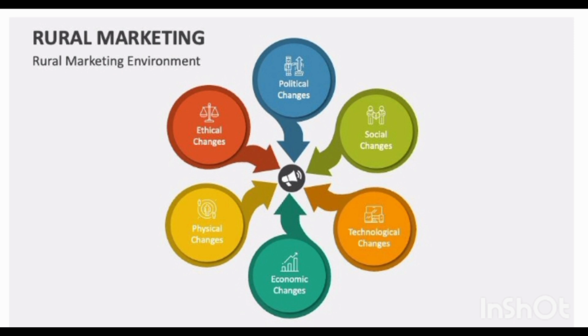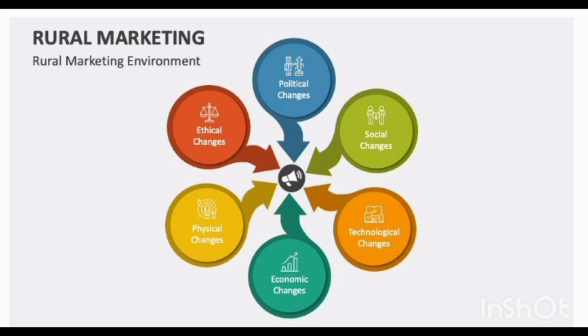Ethical changes. Ethical considerations are becoming more prominent. Consumers are increasingly aware of fair trade, sustainable practices, and corporate social responsibility. Businesses that embrace these build trust and loyalty, which are significant assets in community-oriented rural markets.